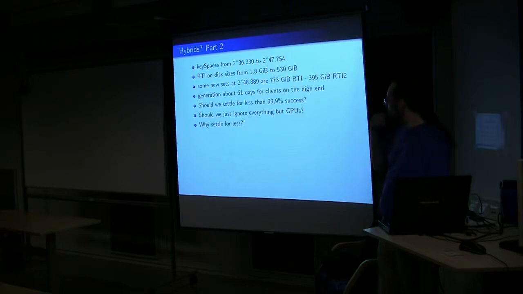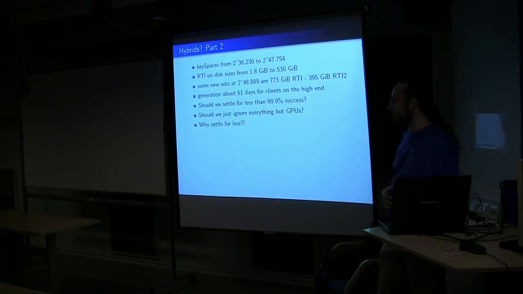So options we have, instead of looking at hybrid key spaces, could be: should we go for a lower success rate? This is what Project RainbowCrack does, and I should mention that a single one of their large tables runs for about $1,200 US.